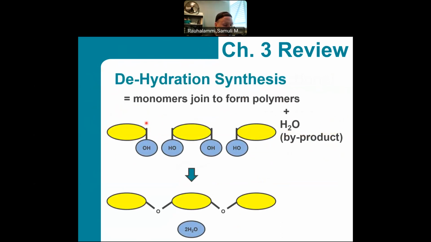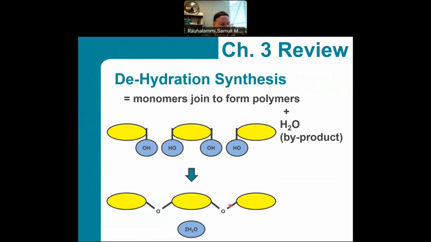Here in this initial picture, what we're seeing are individual monomers, each a large yellow blob with two blue blobs at the end of it. These individual monomers can join together to form a polymer, the yellow blobs joined together by oxygens that you see at the bottom of the screen.